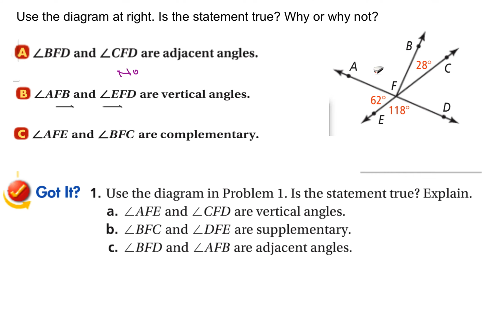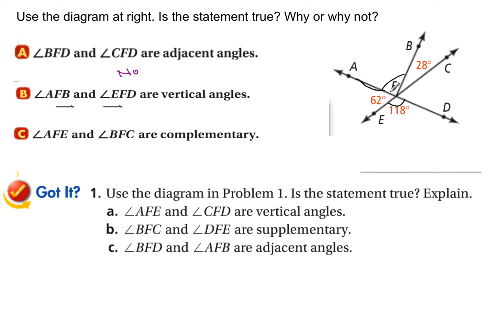Let's erase this and go to the next question. It says angle AFB, which is this angle over here, and angle EFD, this angle over here, are vertical angles. Now, if you remember, vertical angles are angles formed by opposite rays.